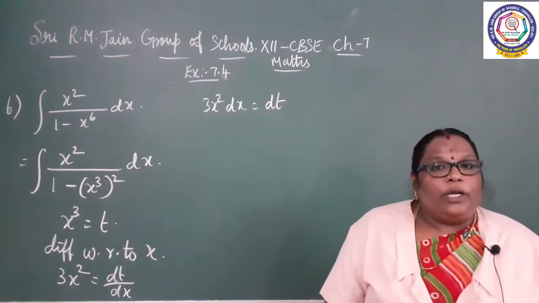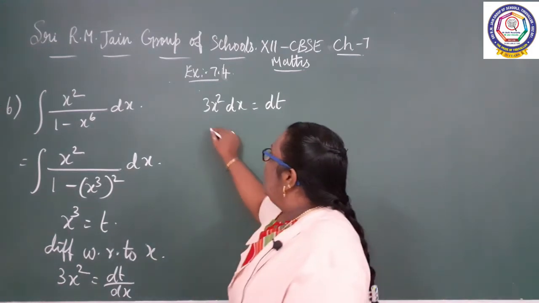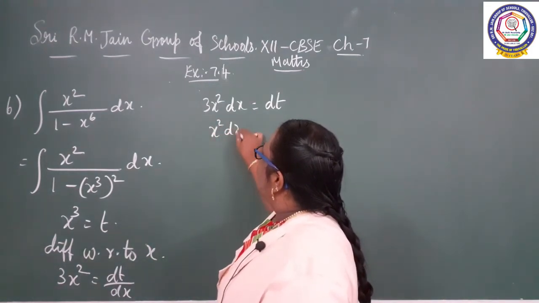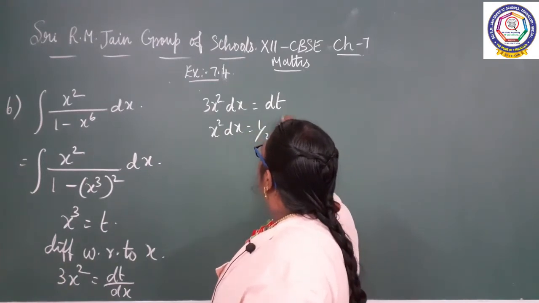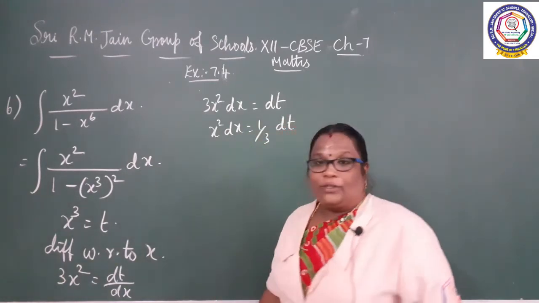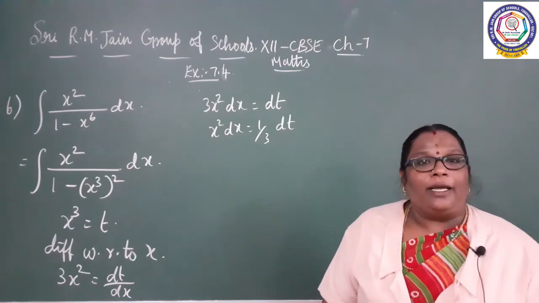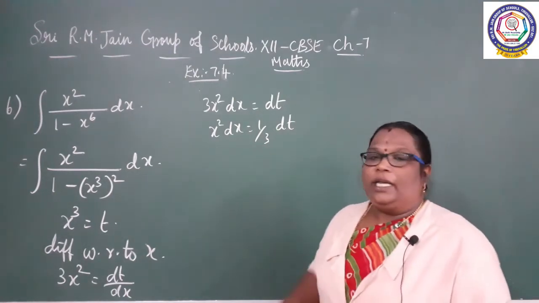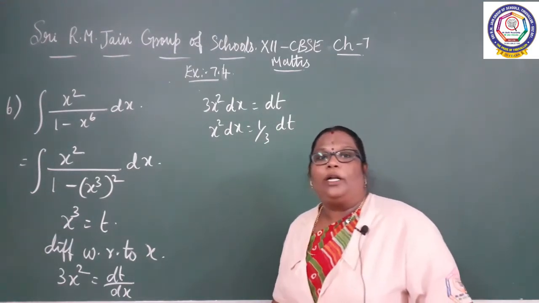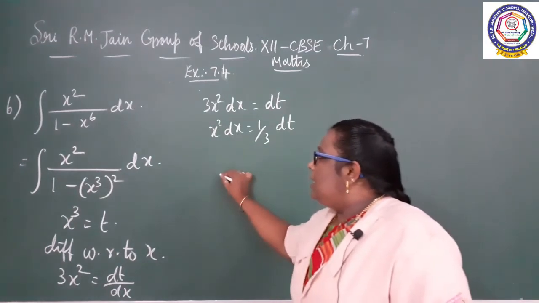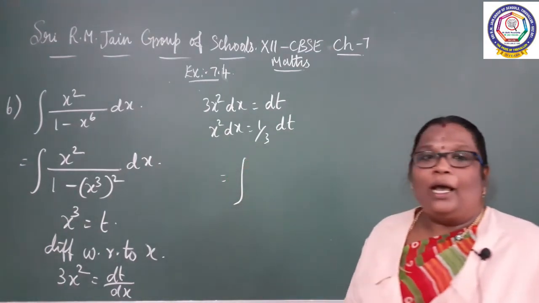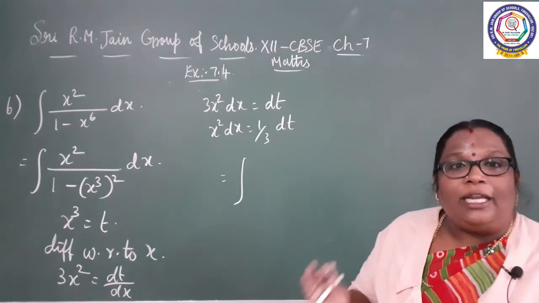So x square into dx equals 1 by 3 dt, because the numerator contains x square into dx. So here you can change everything in t form.